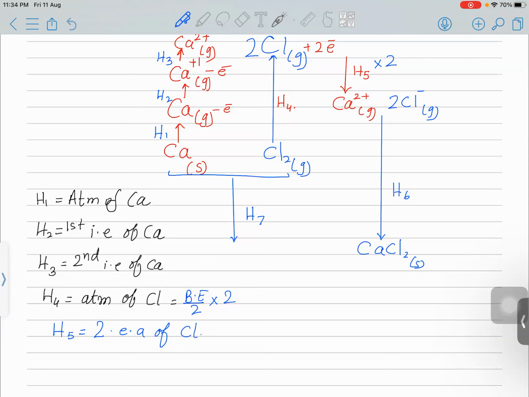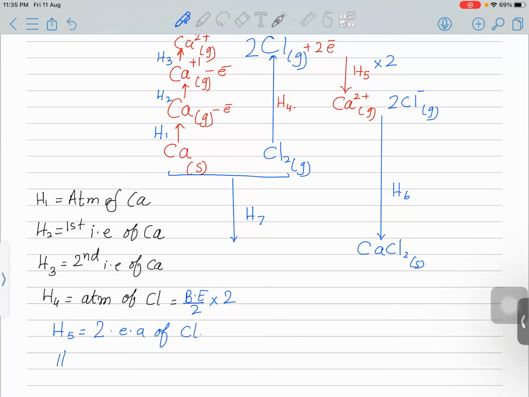Why did we multiply it by 2? Because if 1 electron is gained, this is multiplied by 1. If 2 electrons are added, we multiply by 2.